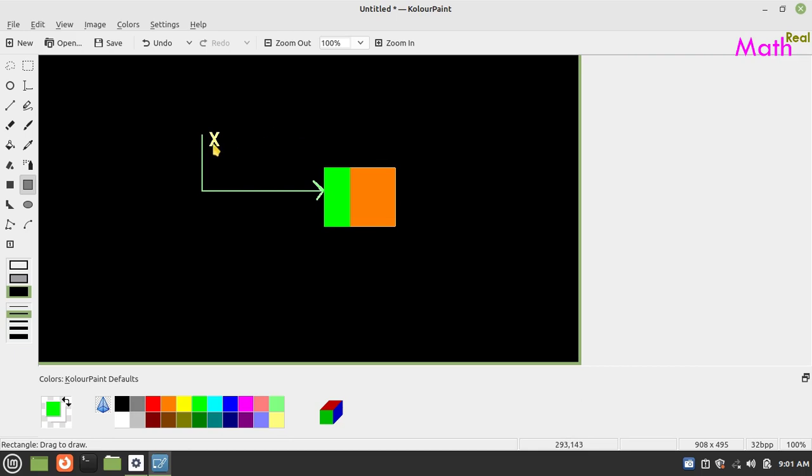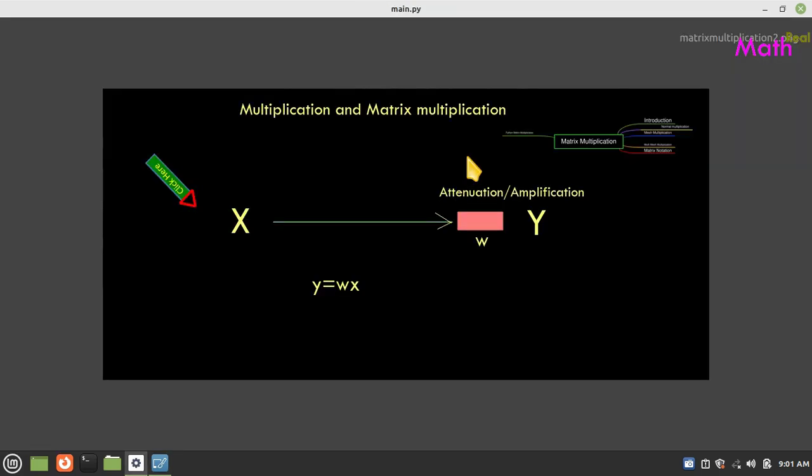So one signal has a strength X, and there is a modification in the signal, that is W. So X signal comes in, gets modified by W, then it reaches the circuit. A signal of strength X gets modified by W and then it becomes the output signal Y.